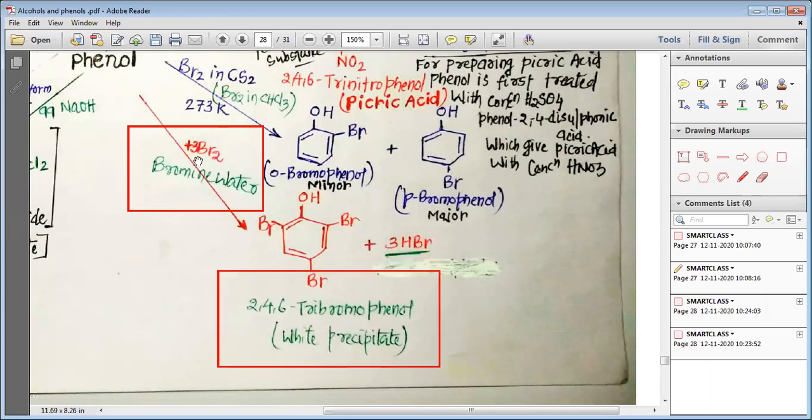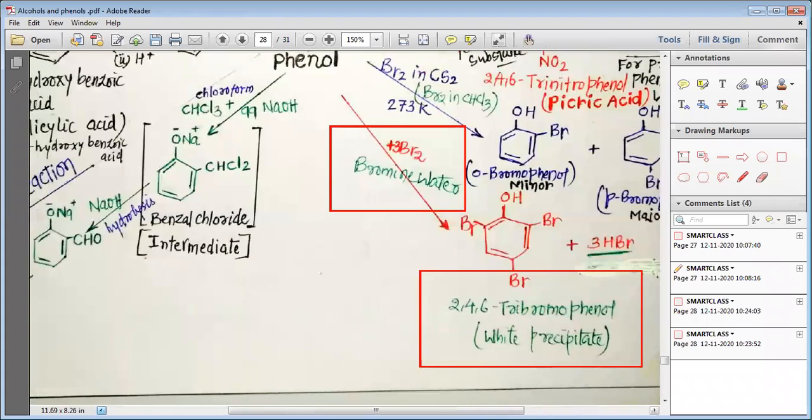So phenol, when allowed to react with bromine water or Br2 directly, gives us 2,4,6-tribromophenol. This 2,4,6-tribromophenol precipitates out during the reaction as a white precipitate. At the same time, 3 hydrogen bromide molecules are also produced during this reaction.